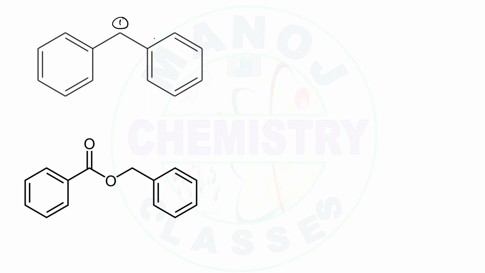This one is the second one. These are the third one, whereas these are the fourth one. So these are the 4 possible monochloro products.